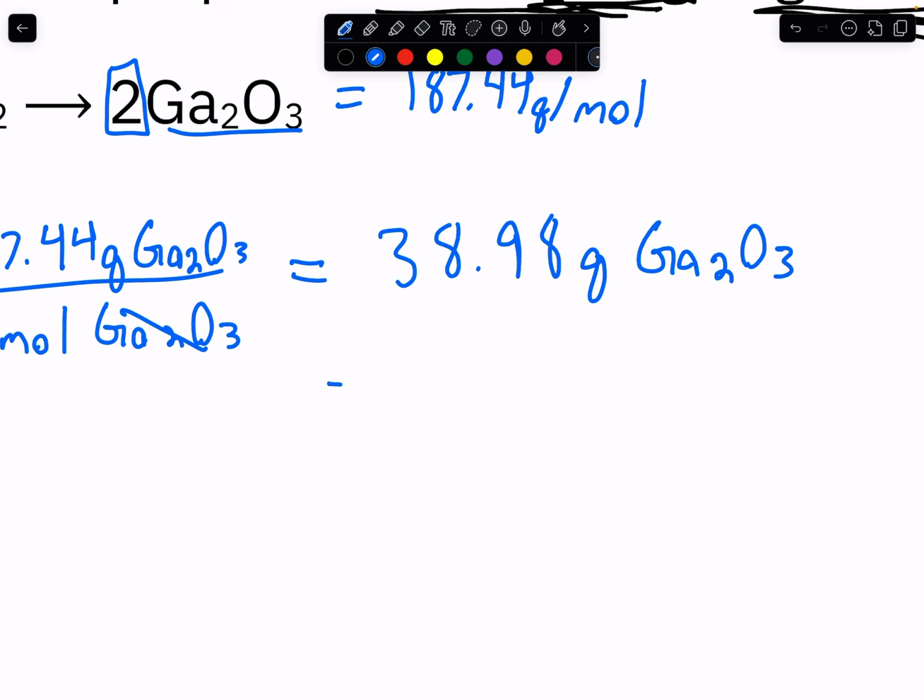I'm going to reduce this to significant figures. That would be 39.0 grams of gallium oxide.